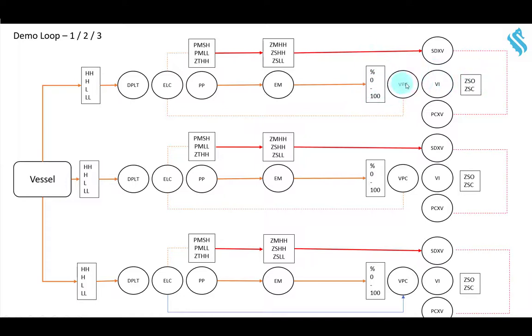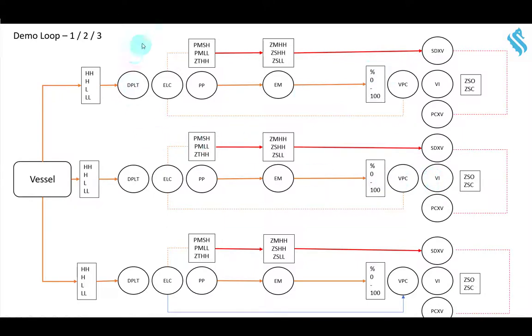Off the back of the valve we have an open and close limit, and from the controller we have trips for the pump, trips for the motor, high trips, and then a shutdown valve for emergency shutdown, and then a process control valve. So this is a typical loop from end to end.